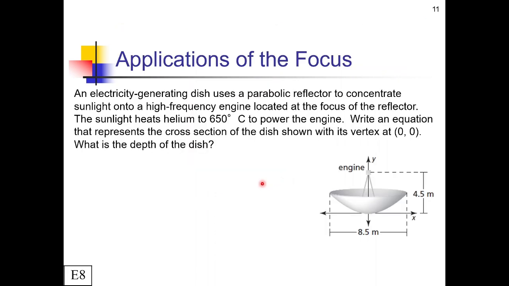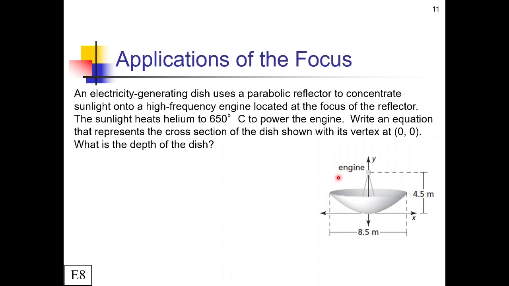All right, so we're going to do one more problem together. You might be wondering at this point why we care about the focus directrix form of a parabola. And this is one of the main real-life applications, the satellite here. So we have an electricity generating dish that uses a parabolic reflector to concentrate sunlight onto a high-frequency engine located at the focus of the reflector.